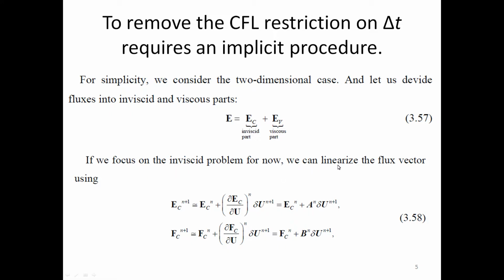We can linearize the flux vector using the following formula: E, convective part of E, at the moment of time n plus 1 is approximately equal to E_c super n plus Jacobian matrix at the moment n, dE_c by du, delta u super n plus 1.